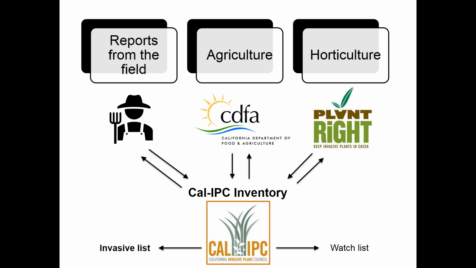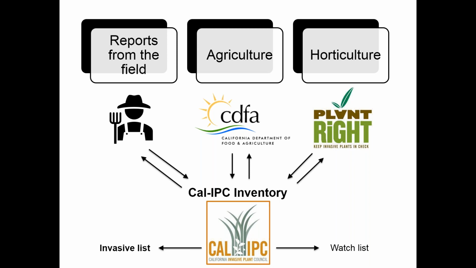The inventory, again, we do not operate in a vacuum. We are informed by a lot of different groups, and first and foremost, we're kind of a hub for getting reports from the field through our land manager network. Those usually come in through conversations or emails: I'm worried about this species spreading.